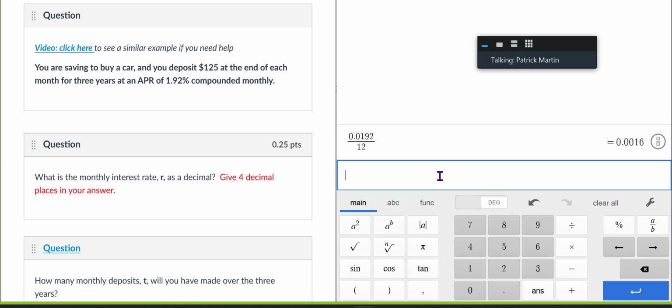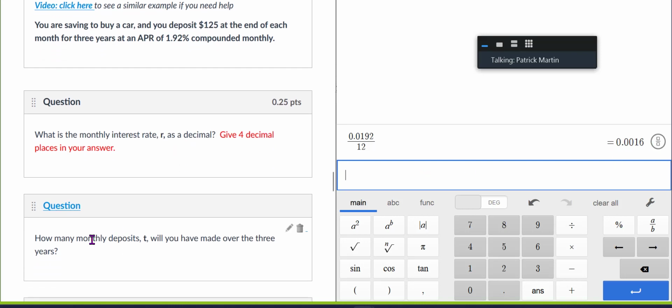Now, what's that as a percentage, just for fun? To change a decimal to a percent, move the decimal point 2 spots to the right. It's 0.16%. So 0.16% is what you're getting each month on your money in the account. Okay, so that's R, 0.0016.